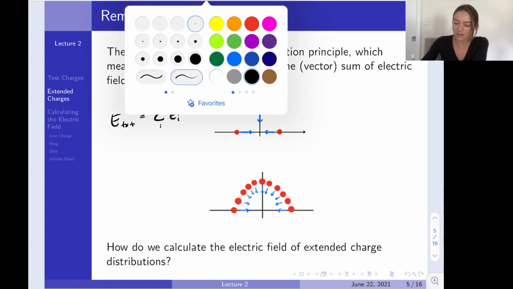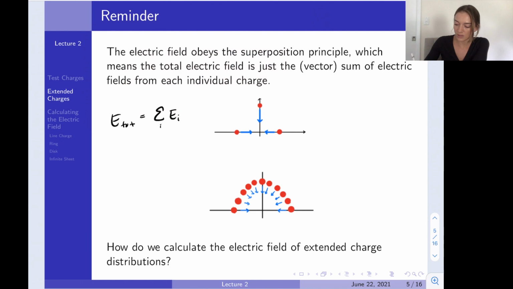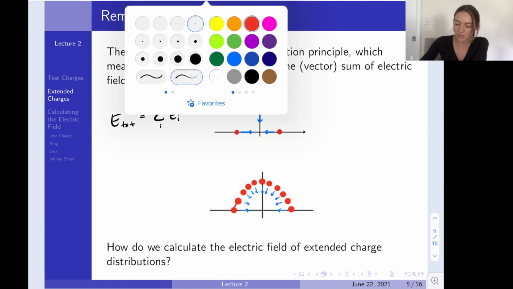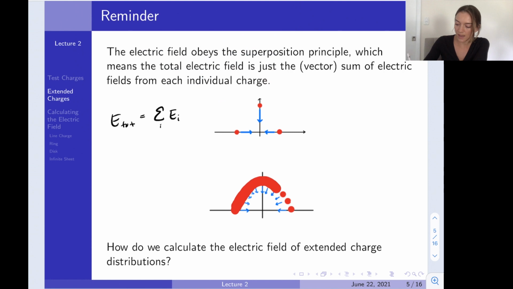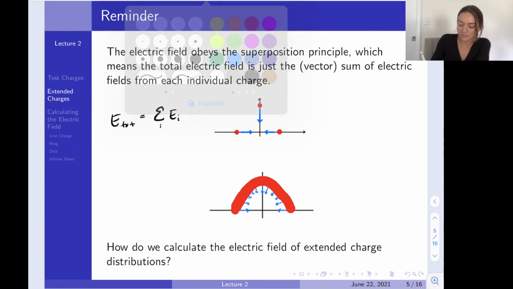So if I had a ring of charge, or a half ring like this, you could think of this as infinitely many individual point charges. And if you have to add up infinitely many infinitesimal things, that sounds kind of like an integral, right?